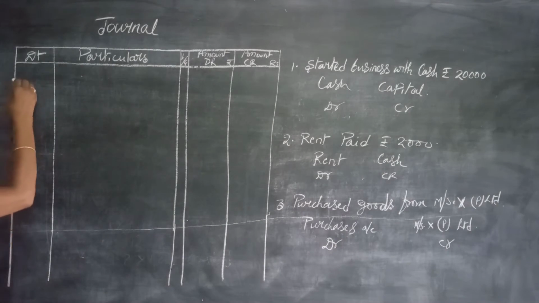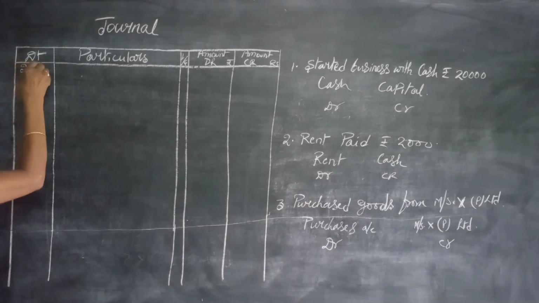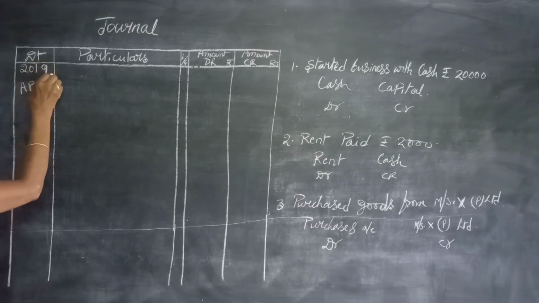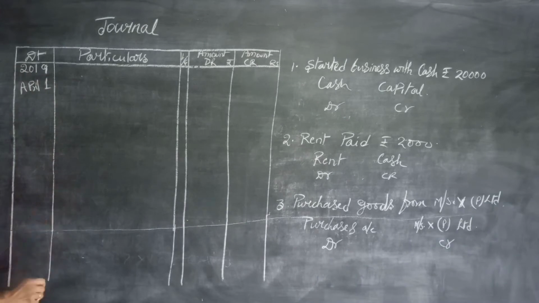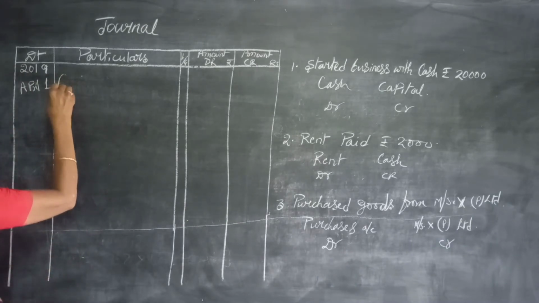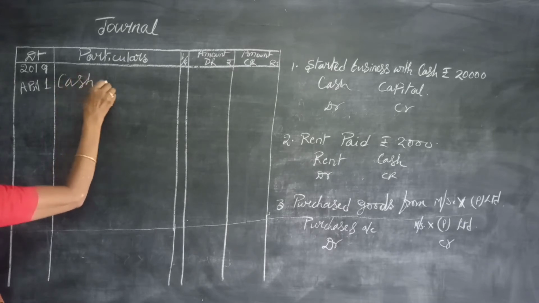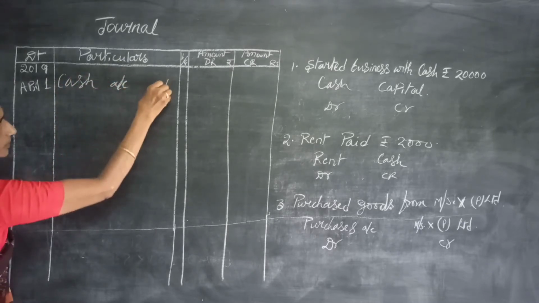First, suppose the date of the transaction is April 1st, 2019. The year 2019 is to be written like this, and April 1st. Now, first the cash account. From the extreme corner we have to write like this: account debit.